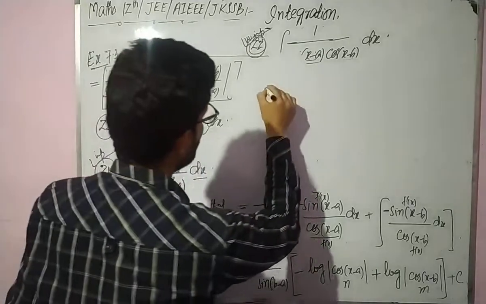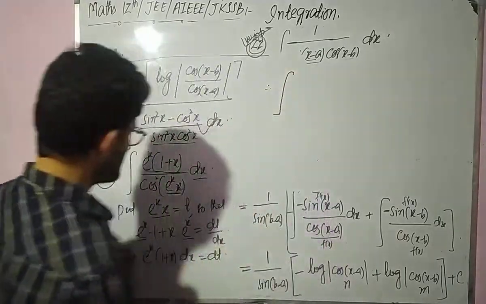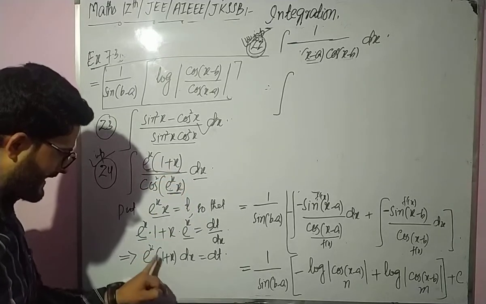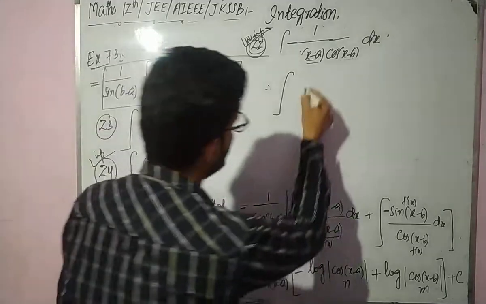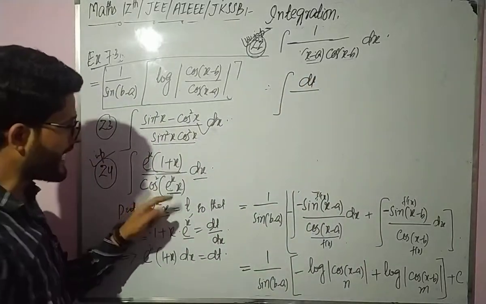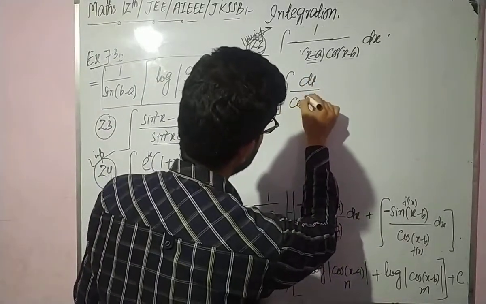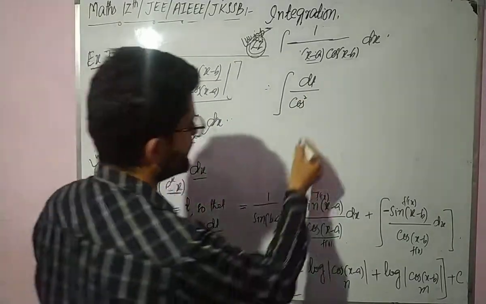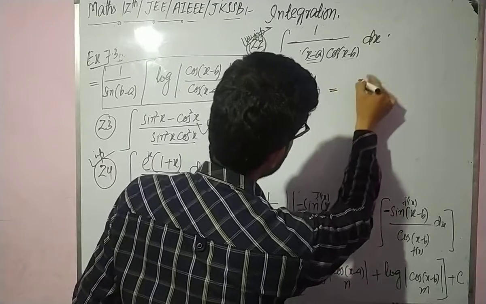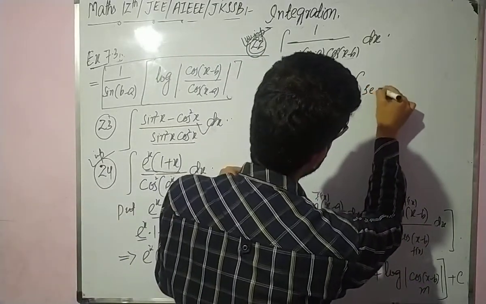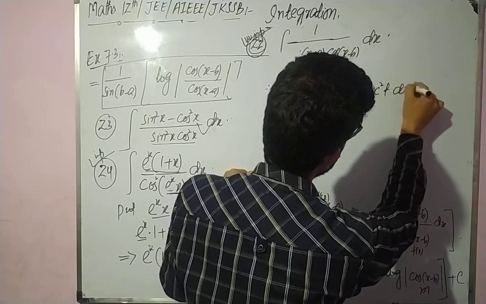Therefore our original integral, that is e power x into 1 plus x dx, has the value dt divided by cos square of e power x into x, where we put e power x into x as t. That is equal to integration of 1 divided by cos square, that is sec square t dt.